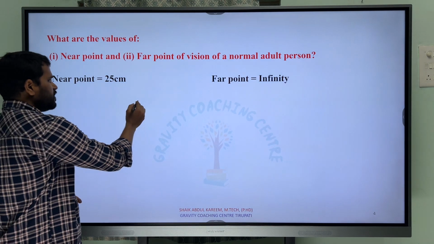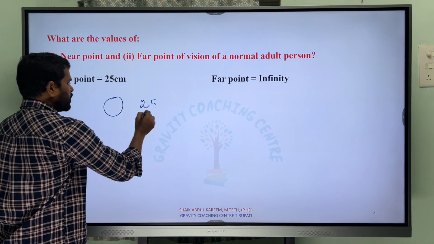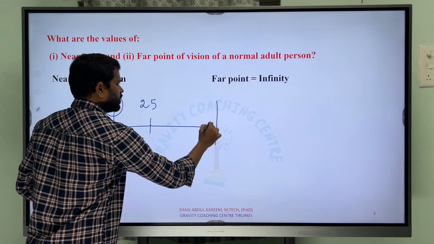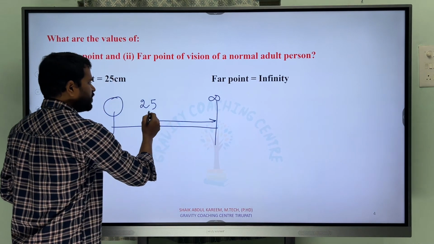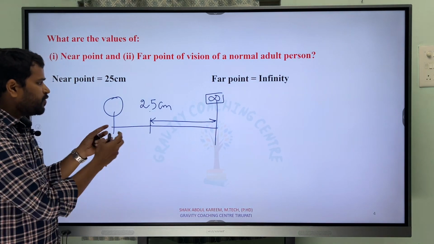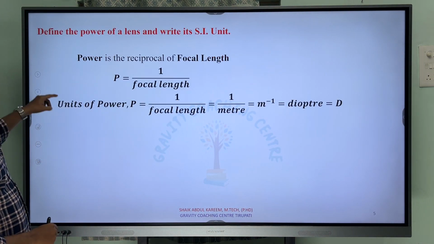So if this is the eye lens, a person can see from 25 centimeter to infinity. You can see within this range. Okay, let us move to the next question.